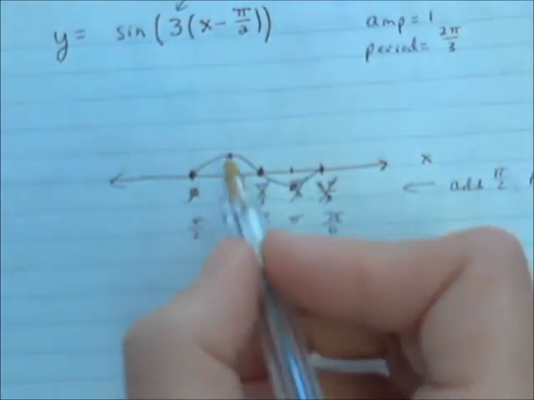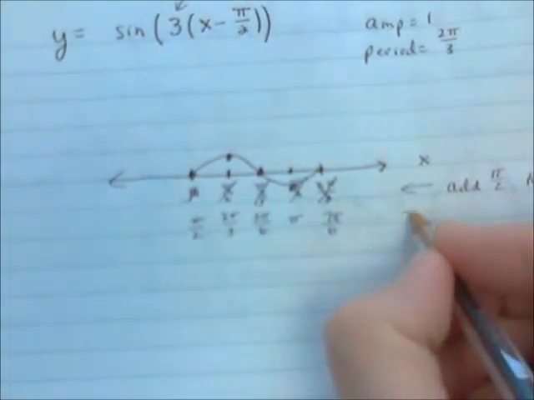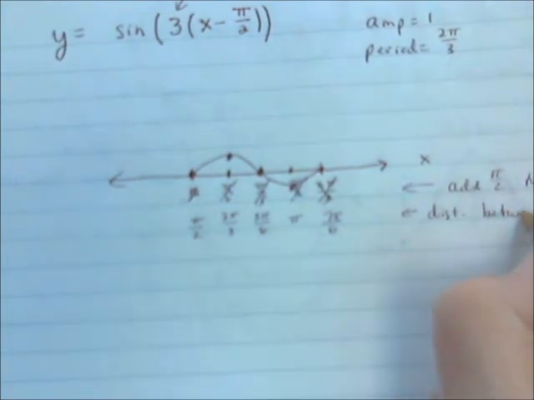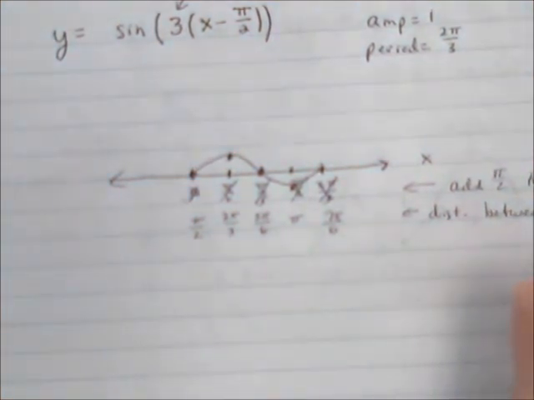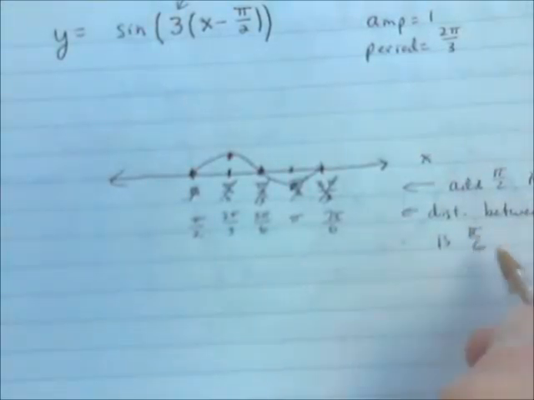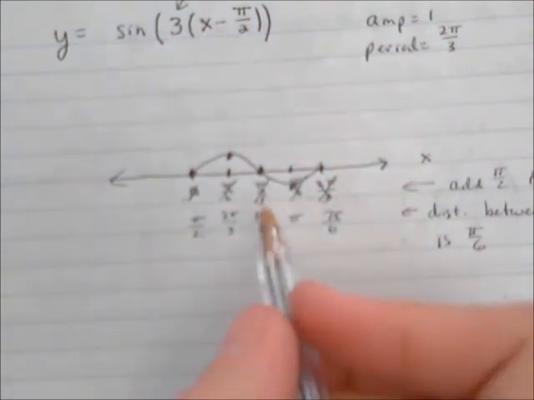So each one of these tick marks on the x-axis is 1 pi over 6. We've added pi over 6 every time to get to the next x value.